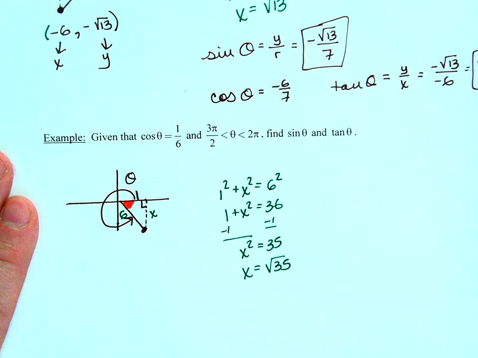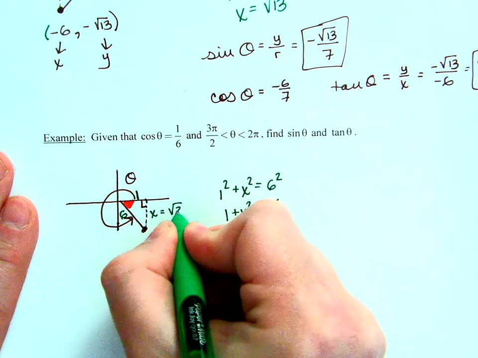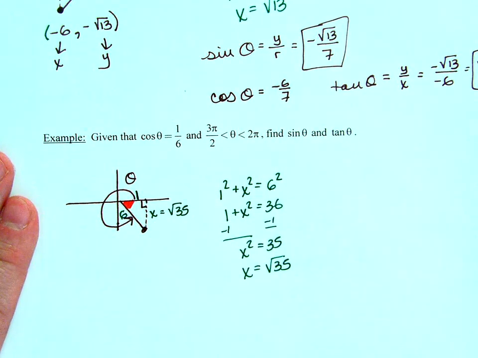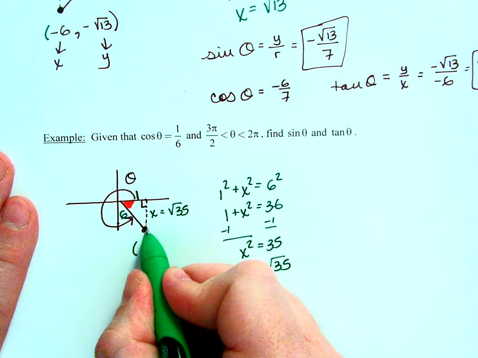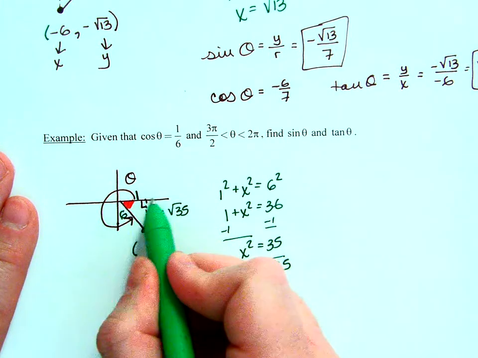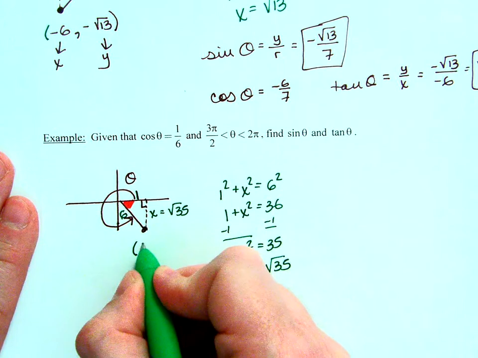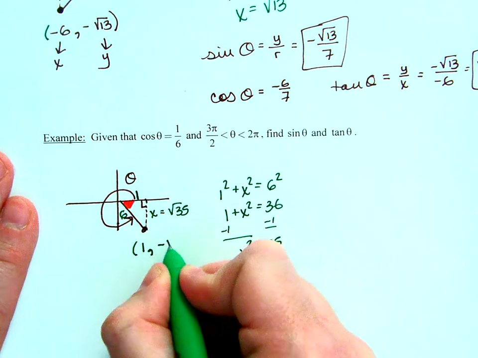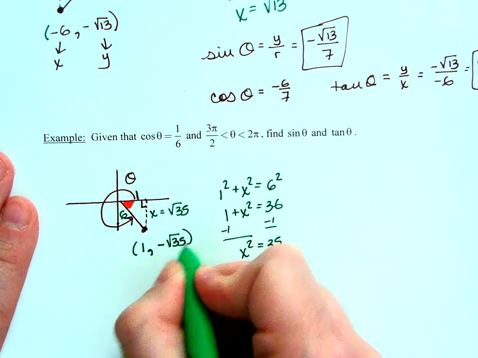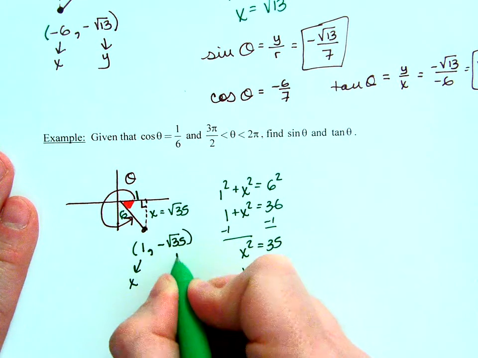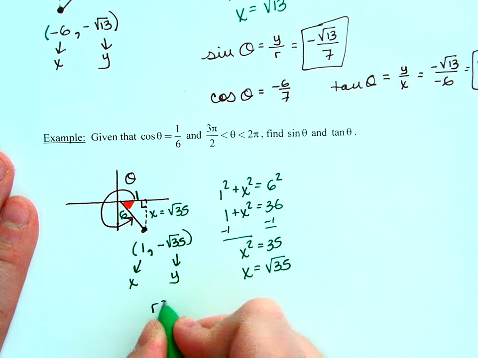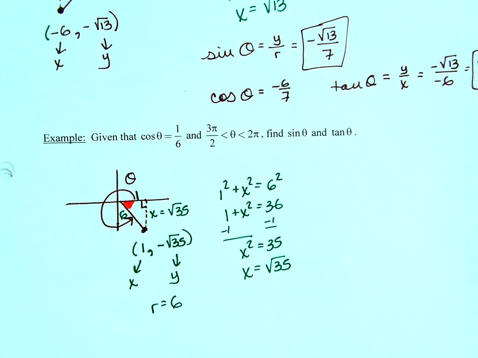I'm going to put some coordinates on this point. I moved right 1 and down root 35. My coordinates will become 1 comma negative root 35. x, y, and again my r is 6.